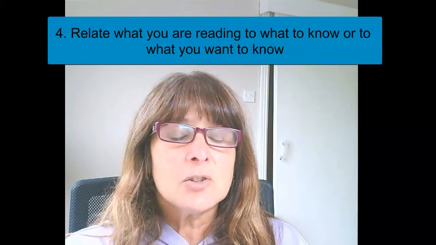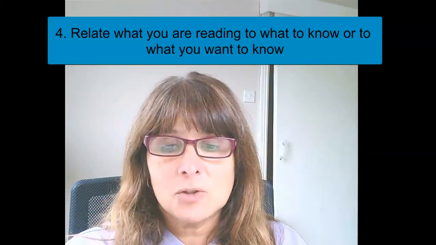The fourth thing then is to relate what you're reading to what you already know or to what you want to focus on. There might be lots of interesting things that you read in the literature, but the question always has to be to yourself, how does this relate to my topic or my focus? And is this relevant or useful in the way that I'm thinking about how I need to proceed with my area?